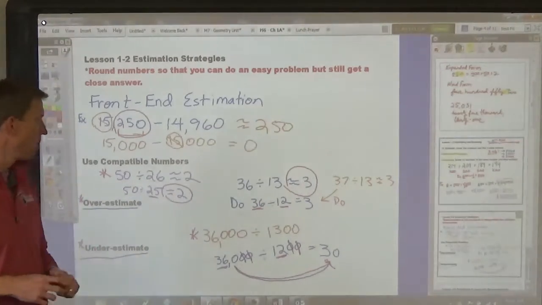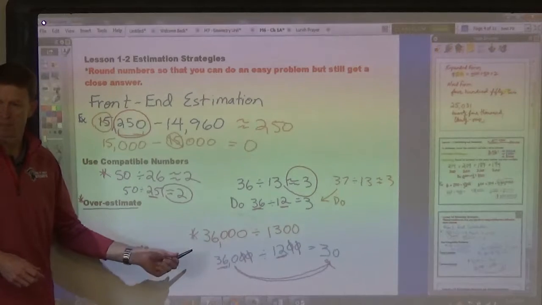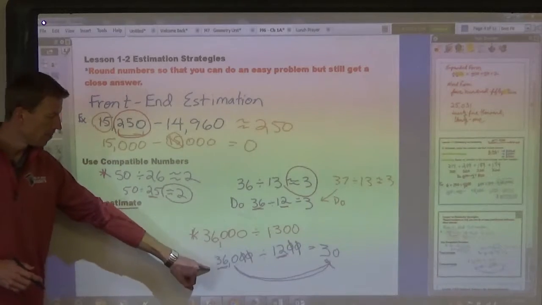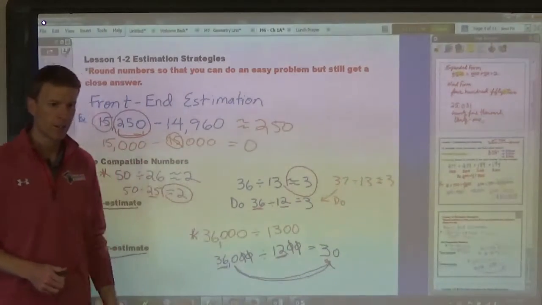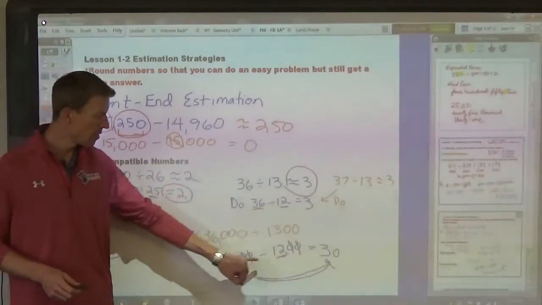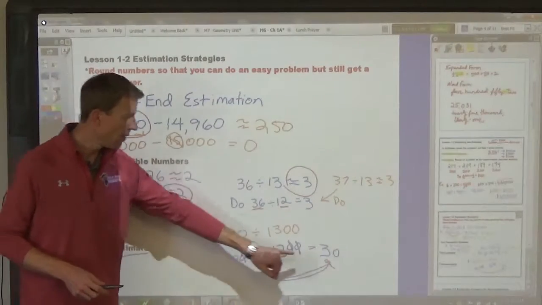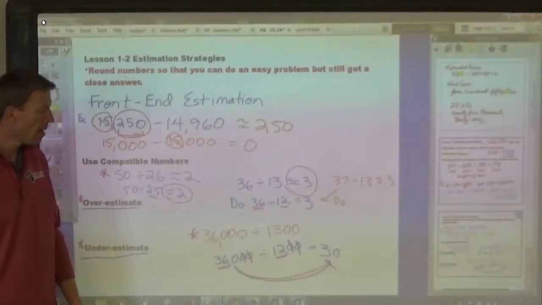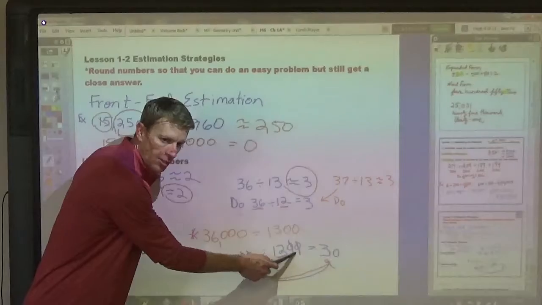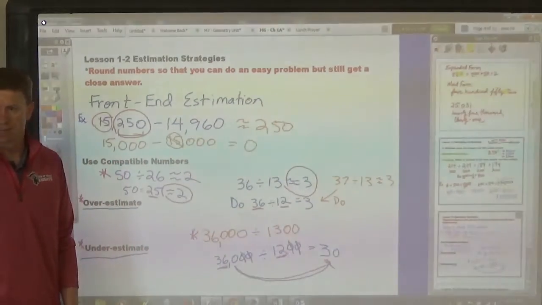Okay? Then, part of what we talked about with division is how to divide big numbers. When you're dividing big numbers, like 36,000 divided by 1,200, first divide the digits that are compatible. So 36 divided by 12, we talked about those being compatible, and that's 3. But now, here's what you do with the zeros. For every 0 you can cross off in one of the numbers, you cross off the same number in the other number.